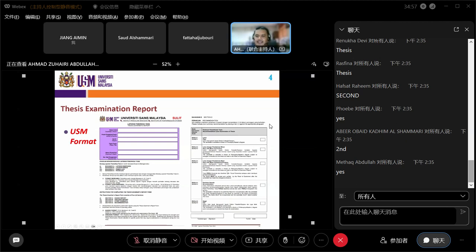So probably here you may have to do rearrangement of the content at a certain section, or probably need to add some small experiment to verify certain things, or probably there are a lot of mistakes in the report that you have in your submitted thesis. So probably you will be required to do some major changes, right?